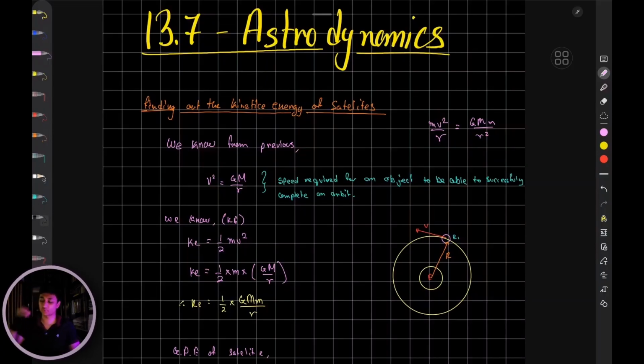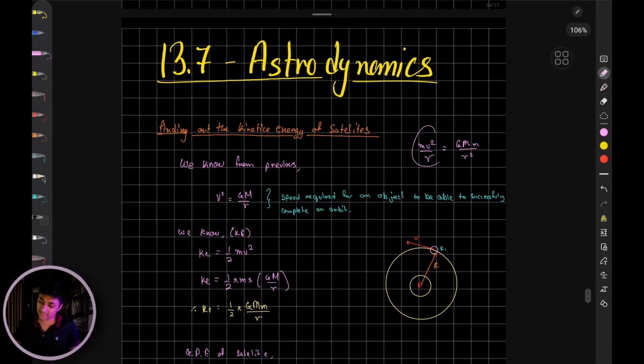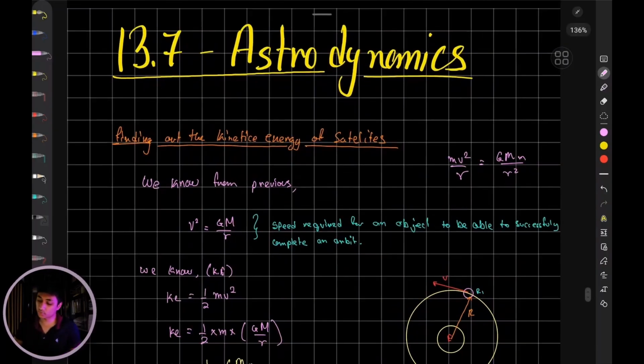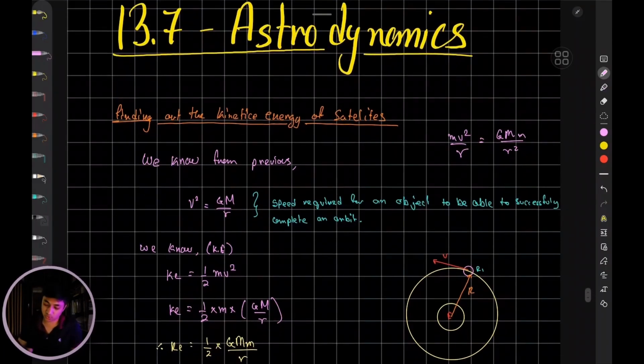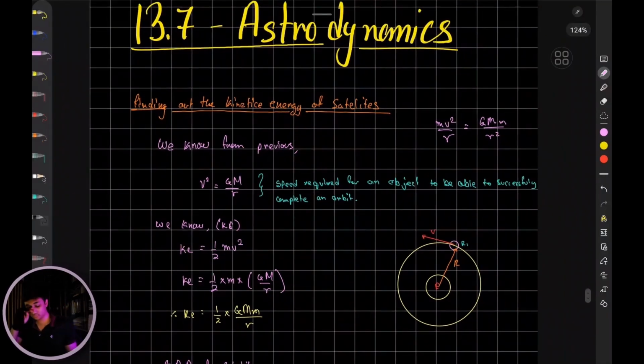The centripetal force mv squared by r is provided by the gravitational force. Now, we want to know the orbital velocity of the satellite, so we use this formula of centripetal force and make v the subject. What we get is v squared is equal to GM by r, right?